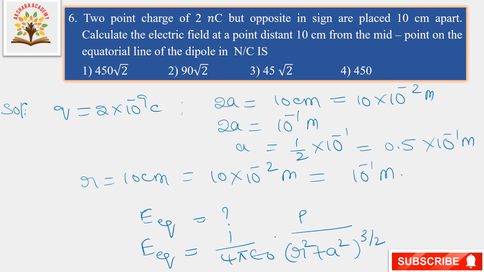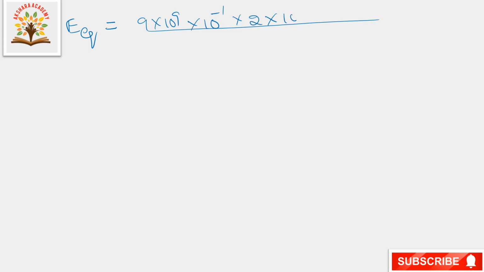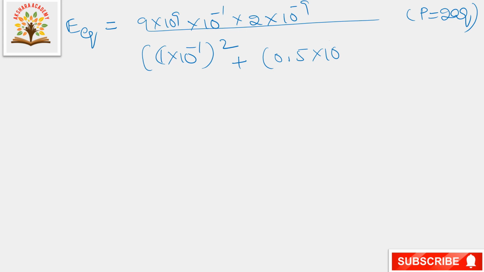Now we substitute the values, then it becomes 1 by 4 pi epsilon naught, which is 9 into 10 to the power of 9, into 10 to the power of minus 1 into 2 into 10 to the power of minus 9. Here p is equal to 2aq. So (r square, that is 1 into 10 to the power of minus 1 whole square, plus 0.5 into 10 to the power of minus 1 whole square) to the power of 3 by 2.